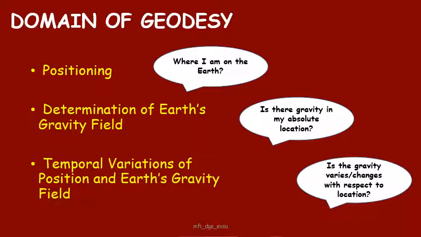The gravity varies or changes with respect to the location. So if you are in the North Pole, is it a different gravity field that you are experiencing if you are in the equator? So it varies. So it changes with respect to time, it varies, and with respect to the location.